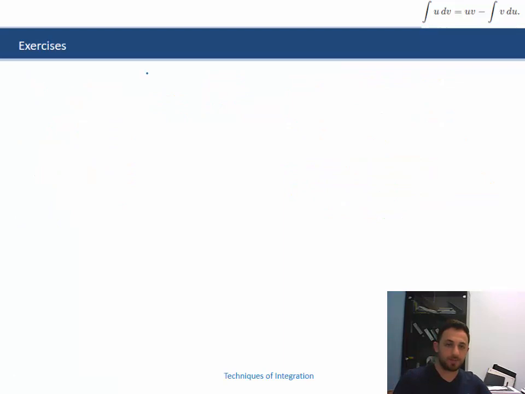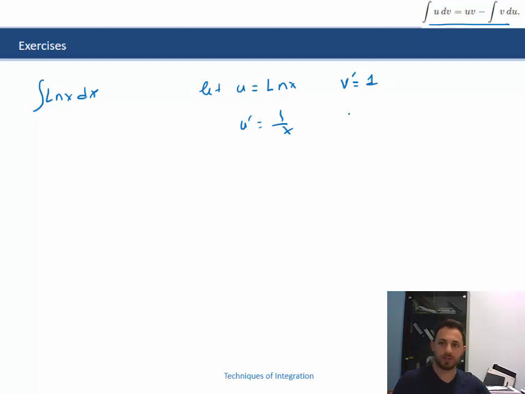Let's take another example. Find the integral of ln x dx. Okay, we have this formula, integration by parts. Because ln x is multiplied by 1, let u equal ln x, then u' equals 1 over x, v' equals 1, and v is equal to x.